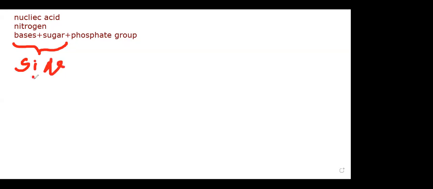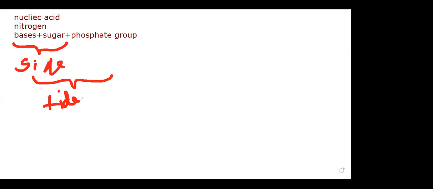Okay, when this nucleoside combines with phosphate group, then it will form nucleotide. Nucleotides join together by phosphodiester bond to form nucleic acid.